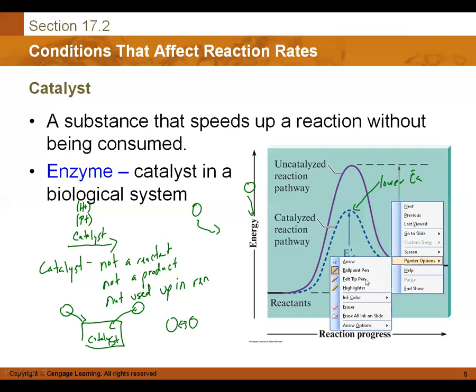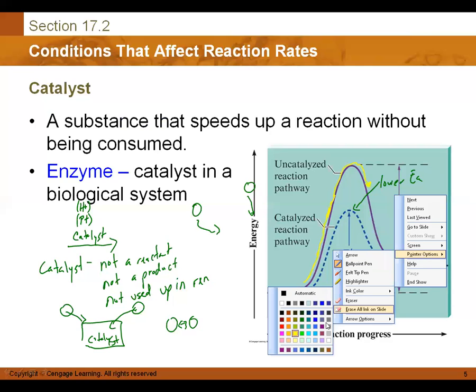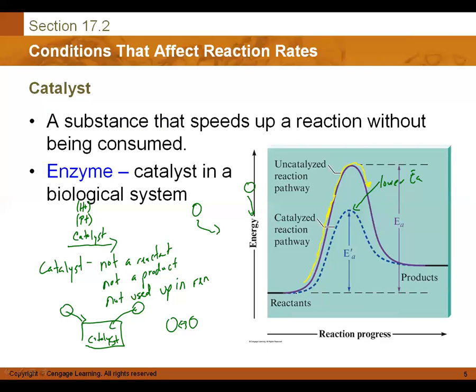So in the uncatalyzed reaction, as we can see there on the top, these reactants would have to have enough energy to climb this hill to get to the other side, right? And in the catalyzed reaction, by lowering that activation energy, those reactants only need to climb this hill, which is much smaller.